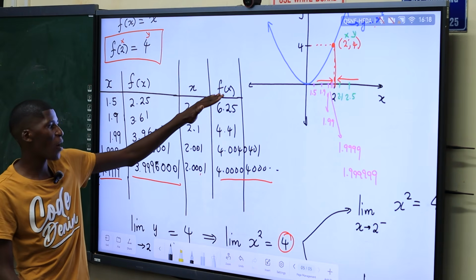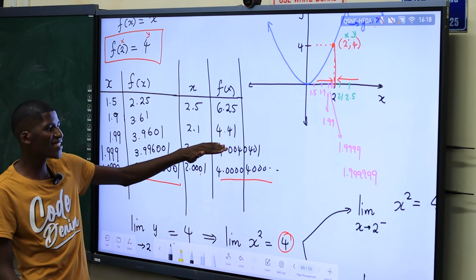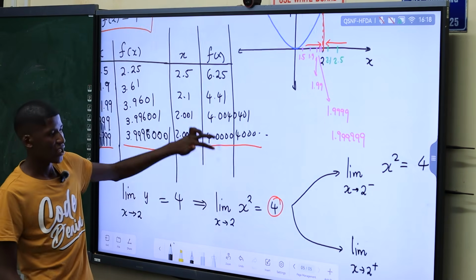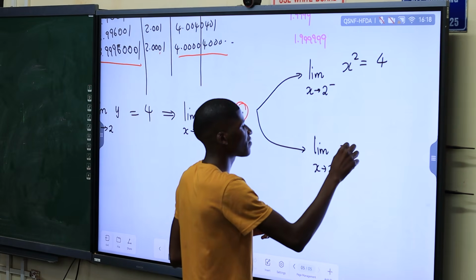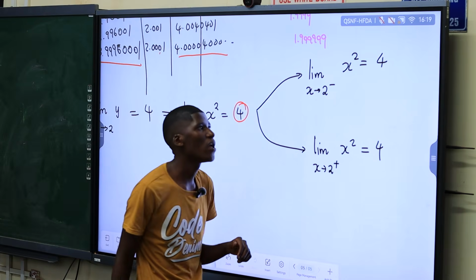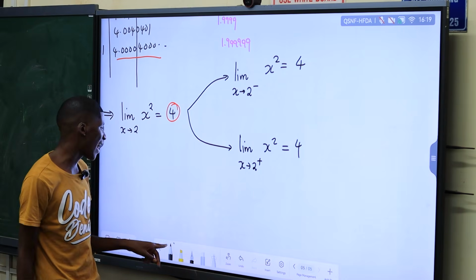And what was happening to our y value? It was decreasing, but it was going towards 4. So the limit of this function as we approach 2 from the right is also 4.